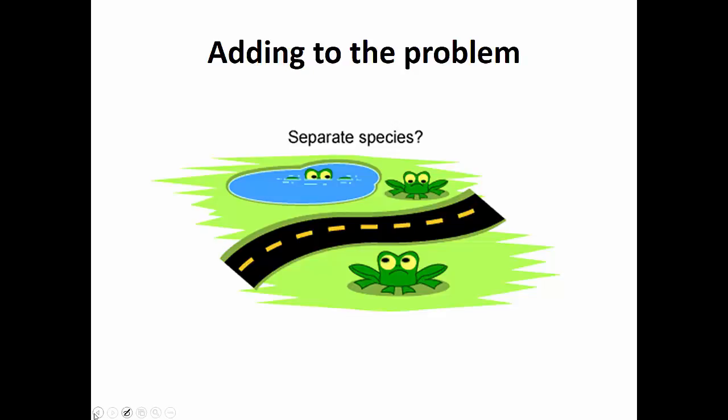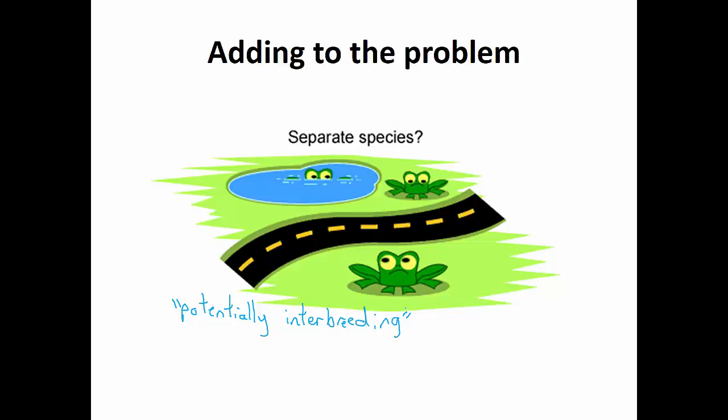What is meant by the term I used at the beginning, that organisms need to be potentially interbreeding? Oops, I forgot an E. What does that mean, potentially interbreeding?